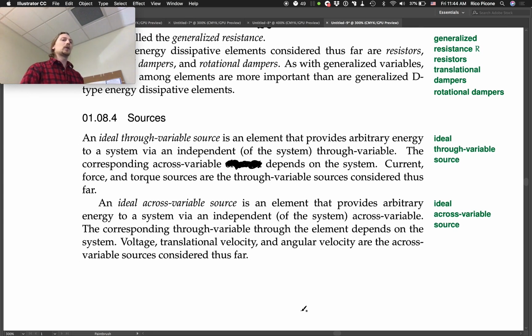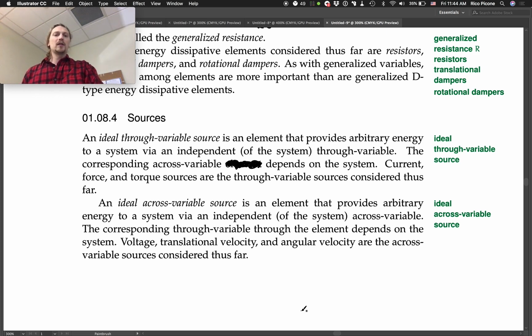An ideal across variable source is an element that provides arbitrary energy to a system via an independent across variable. And so I'm going to reread it with voltage this time. An ideal voltage source is an element that provides arbitrary energy to a system via an independent voltage. Okay? So we've been drawing this analogy, and that's what we're doing here one more time.